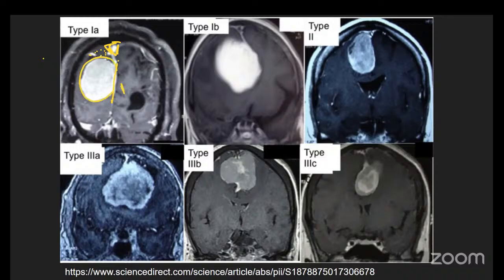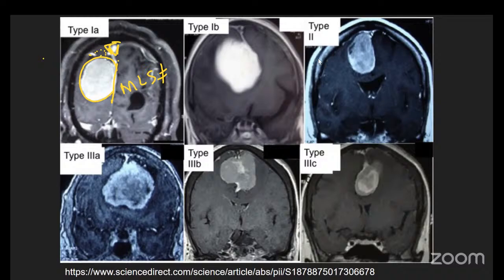There is no midline shift. So there are two main qualifying factors here for it to be called type 1A. It is unilateral and there is no involvement of the superior sagittal sinus and there is no midline shift. This would be type 1A. Are you all clear on this?